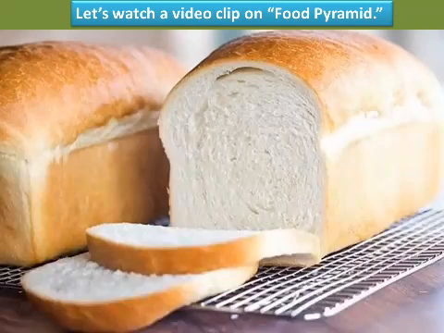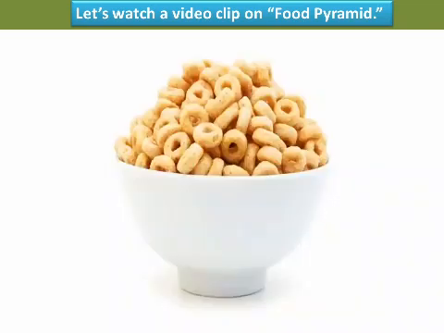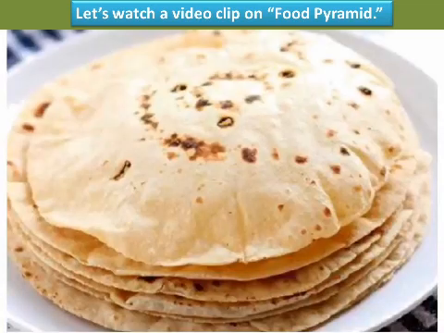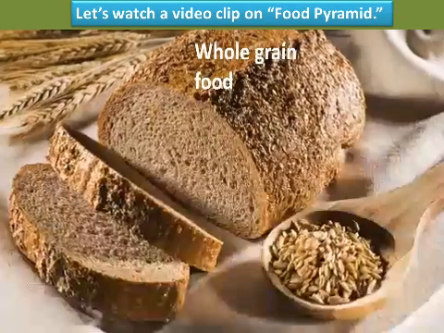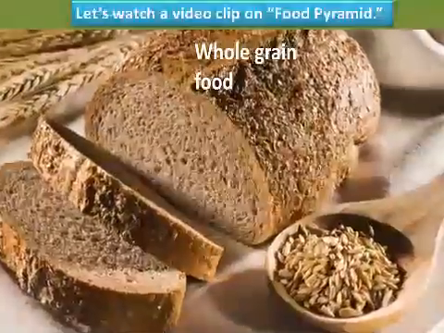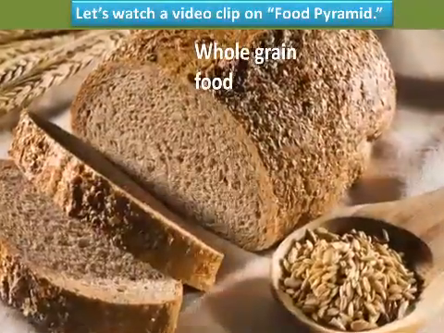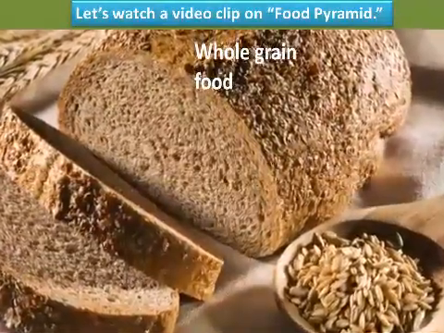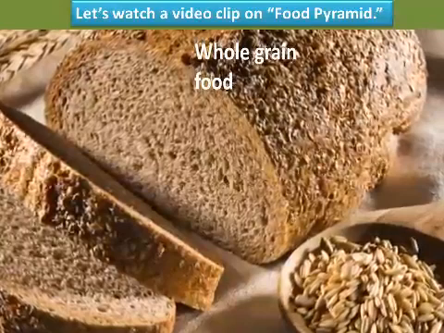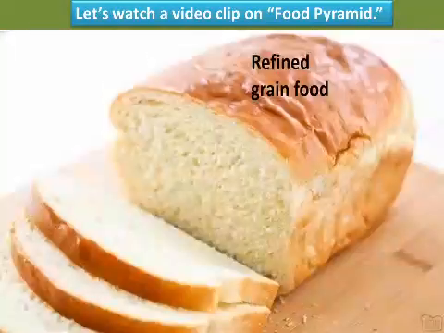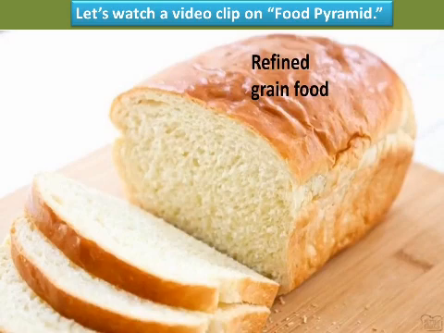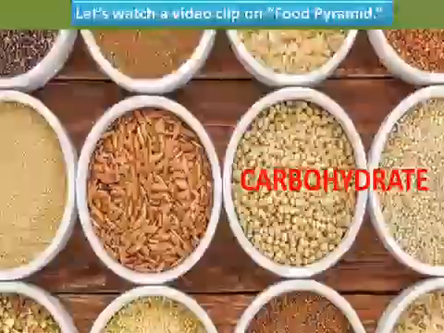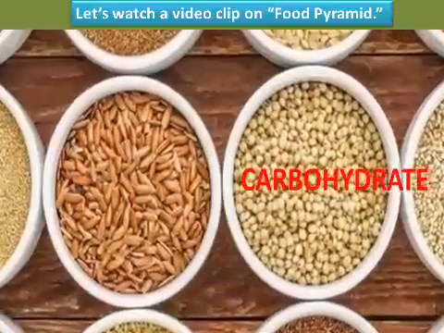These are used to make food like bread, cereals, chapati, pasta. Try to use whole grains food. They are prepared using the entire grain, including the hull, or outer shell. They provide more nutrition. Refined grain food has poor nutritional value, because the hull of the grain is removed during the refining process. Grains are rich in carbohydrate. It gives energy for our body.